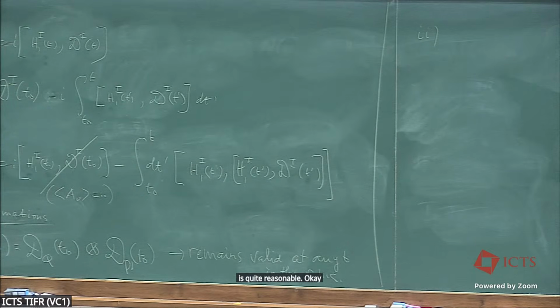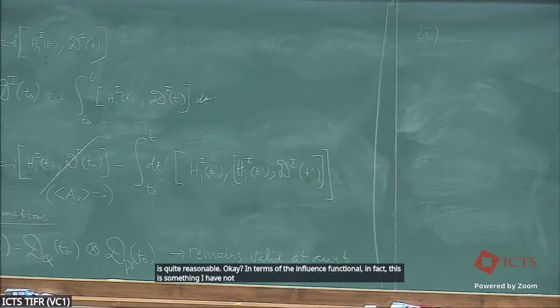In terms of the influence functional, this is something I have not mentioned to you, but this is a statement of weak coupling, which is really a statement about G times A0 being small.